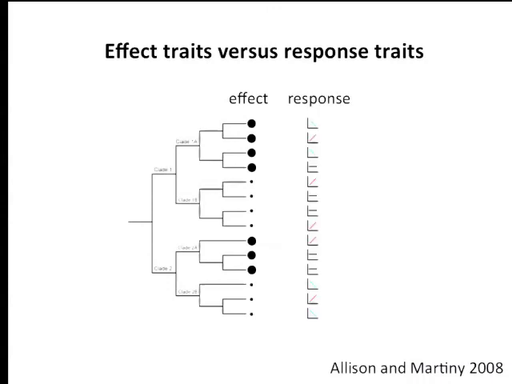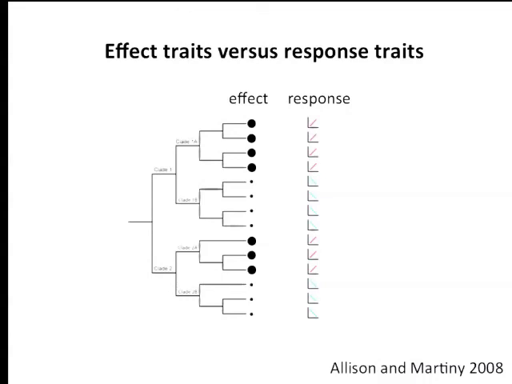And so your response, whether you want to call it a trait or just generally a response, whether the abundance of an organism goes relatively up or relatively down, the next question is how that is related to the effect traits. Again, the response traits might be randomly distributed across your phylogeny, or they might be conserved.